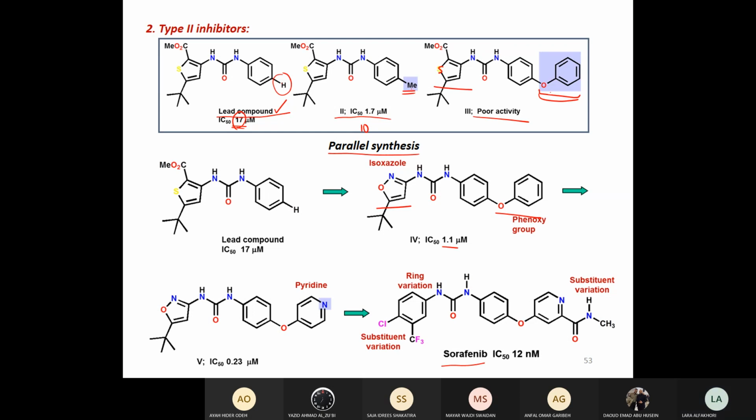What do you think? It's fairly obvious, actually. Which ring do you think would form a binding with the hinge region?